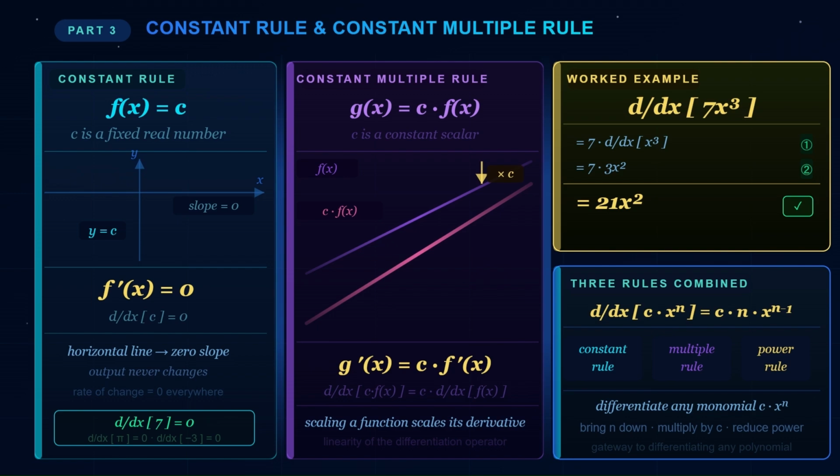This reflects the linearity of the differentiation operator. Scaling a function scales its derivative proportionally. For example, the derivative of 7 times x cubed is 7 times 3x squared, which equals 21x squared. Together, the power rule, the constant rule, and the constant multiple rule let us differentiate any monomial term with ease.